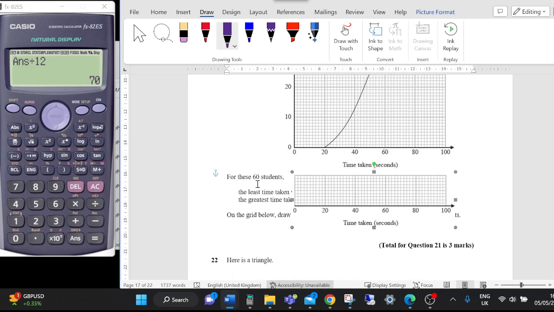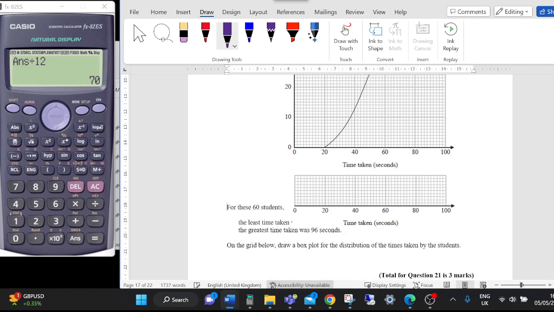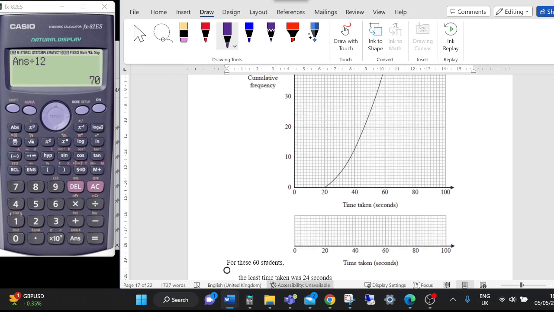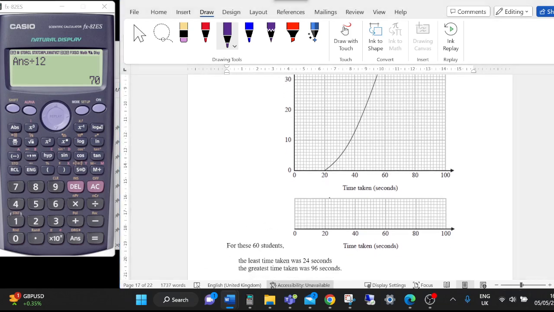So the least time was, let me move this question around so my writing's not covering up my bits. It's not a massive issue by any means, but the smallest time is 24, so mark 24 on there. We're going up in twos, it looks like, so 24 is going to be there. The greatest time is 96, so we're going there.